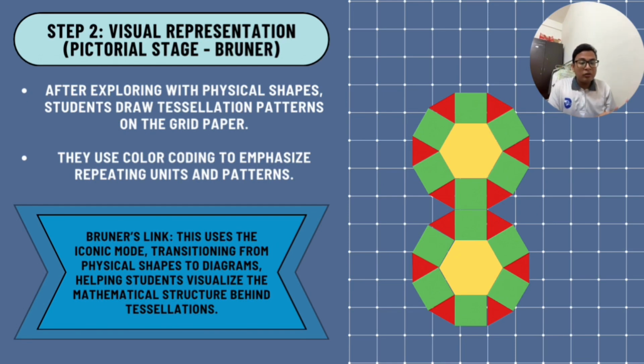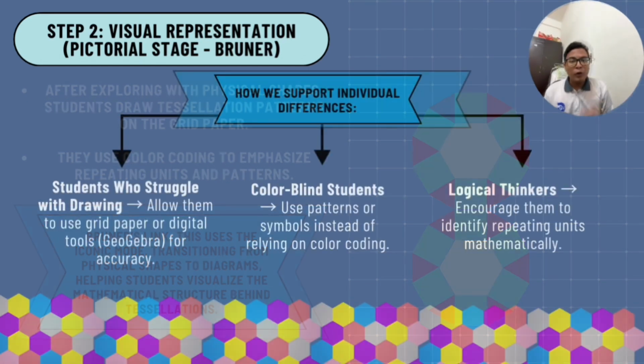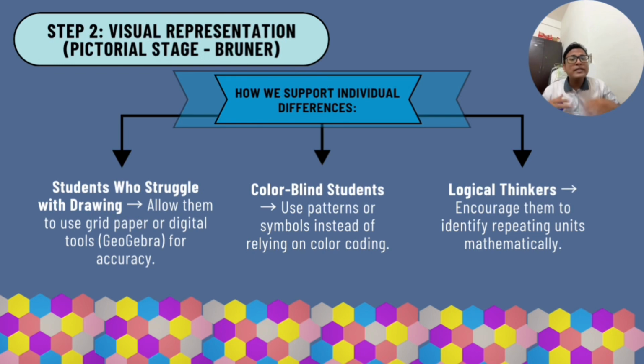a diagram. Alright, for this step 2, how do teachers support the student differences? First thing first, students who struggle with drawing. The teacher can allow them to use grid paper or a digital tool like GeoGebra for accuracy, so it helps students draw more conveniently.